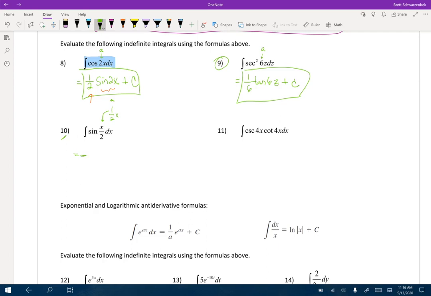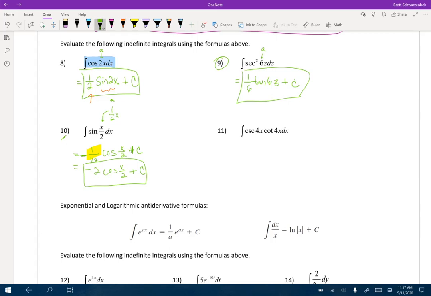And then again, 1 over, what's a? 1/2, cosine, and then we just rewrite x over 2 here, plus c. Now, note here, we can't leave a fraction within a fraction. So if we do 1 divided by a half, divide by a fraction, multiply by the reciprocal, you're going to get negative 2 cosine x over 2 plus c, and that will be your antiderivative.